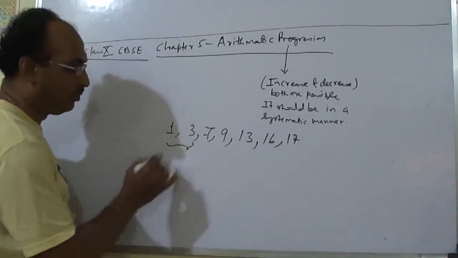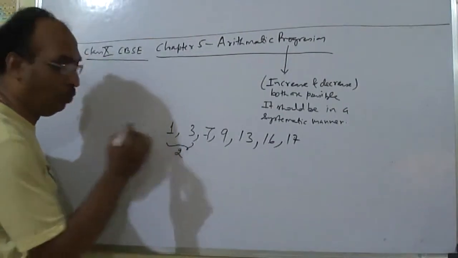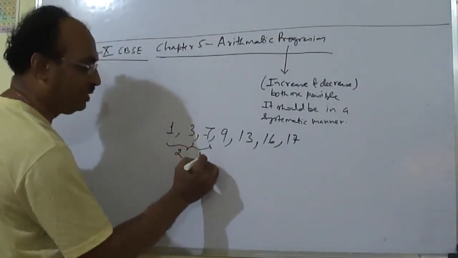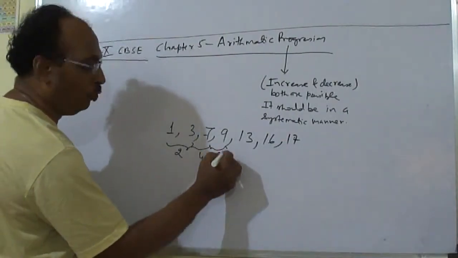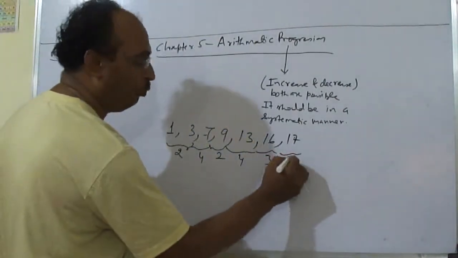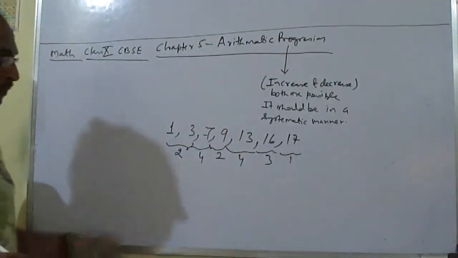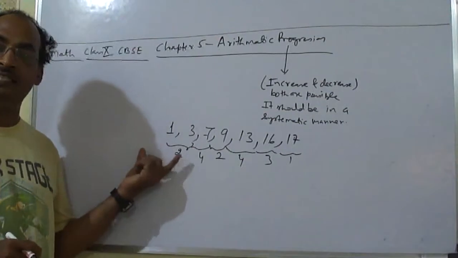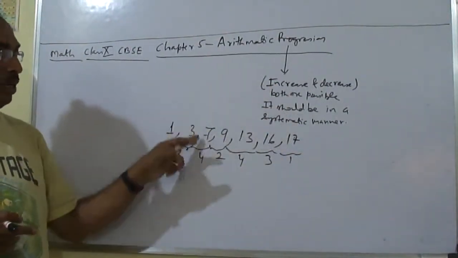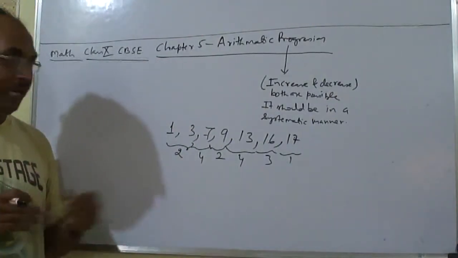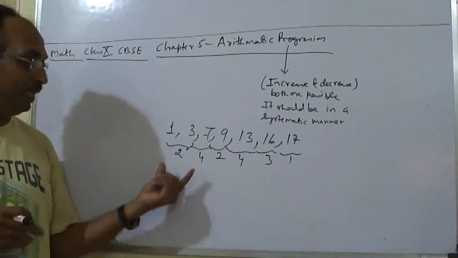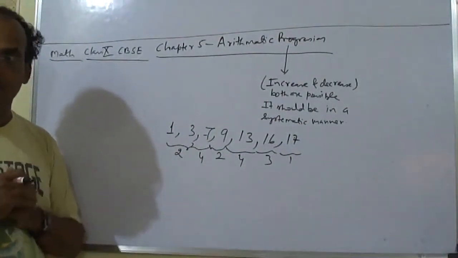Between 1 and 3 the increase is 2, between 3 and 7 it is 4, again 2, again 4, again 3, here 1. So the increase is taking place, but it is not satisfying the criteria of a systematic manner, because the increase is not even.